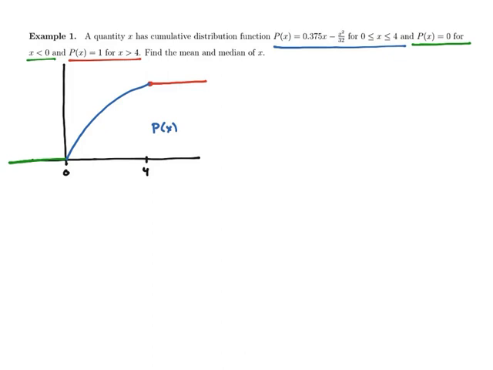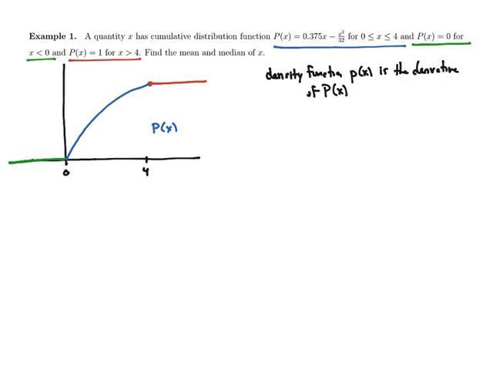Note that it's always going to start at 0, end at 1, which is something we need for these kind of functions. And we also know that our density function little p of x is the derivative of capital P of x. Or capital P is the antiderivative of little p.